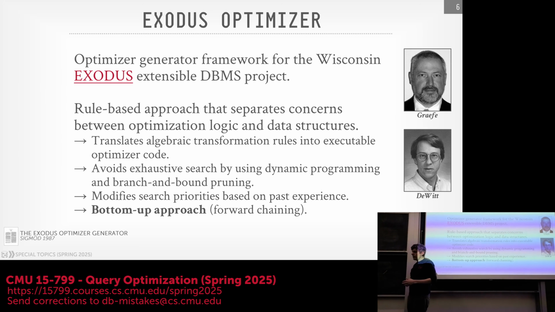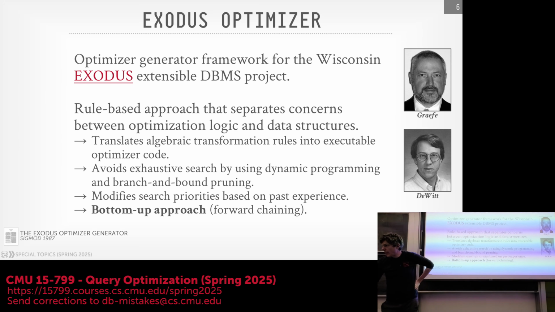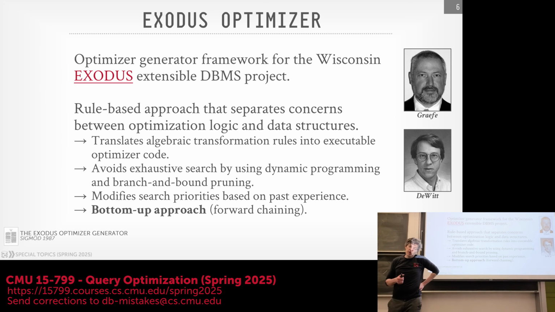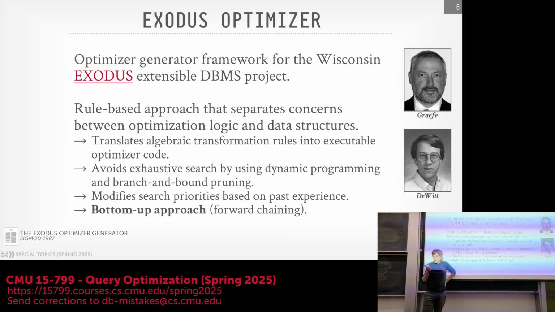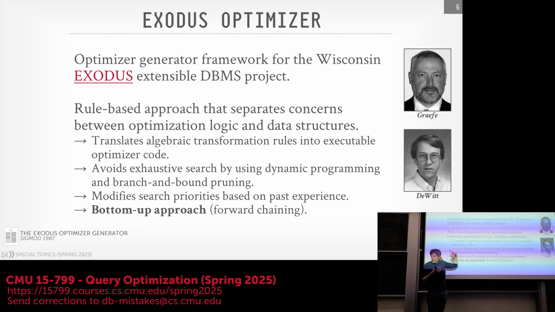Yes? So are they learning in the sense that you put it in as a rule or anything? Or is it learning automatically via the stats? His question is, how are they doing this? We'll see in a second. But you're basically asking, is it a rule that says go learn this? No. It's the search strategies, the thing they have on the inside, that you don't have to modify in the query plan. It's not additional rules.